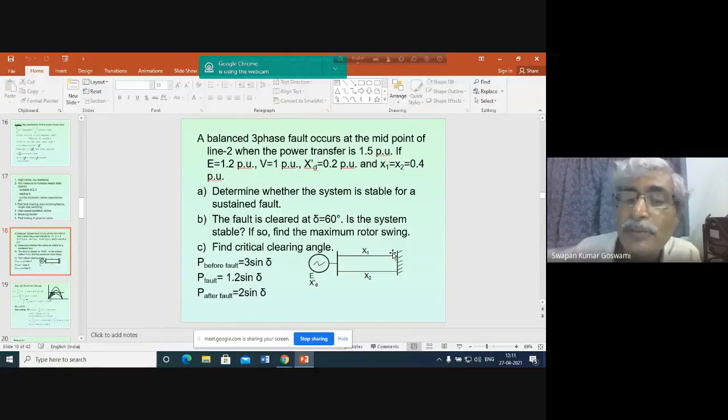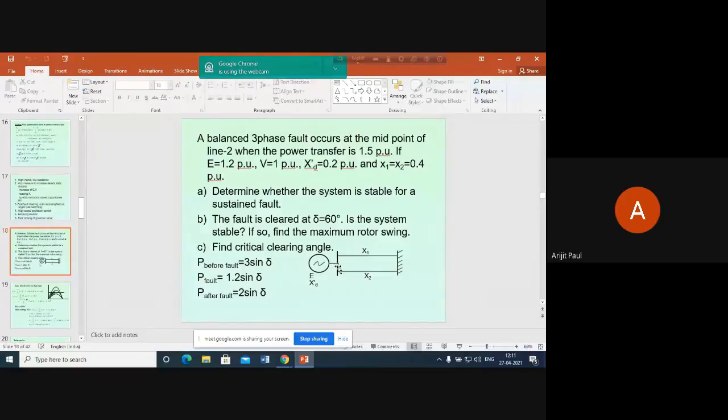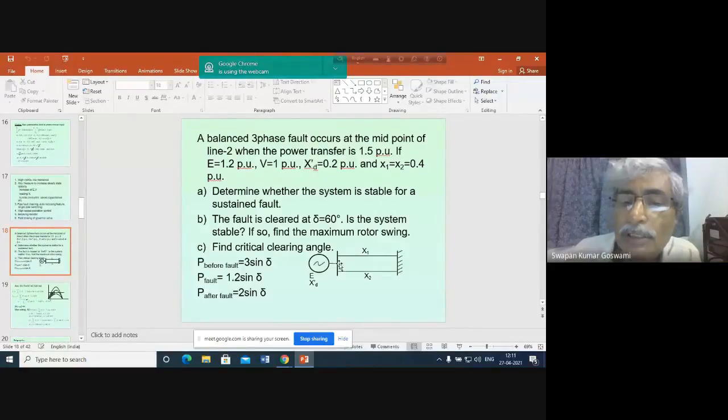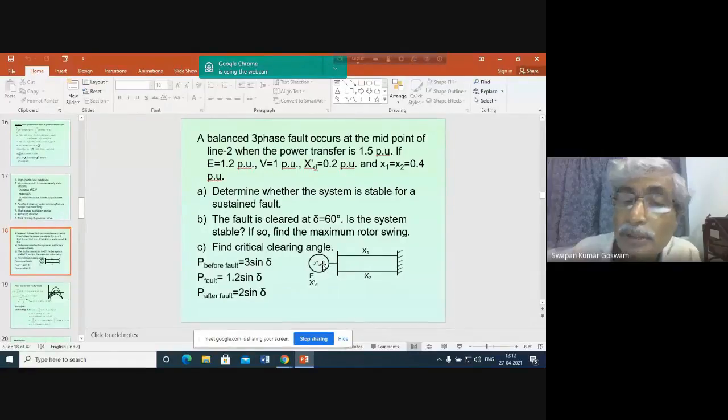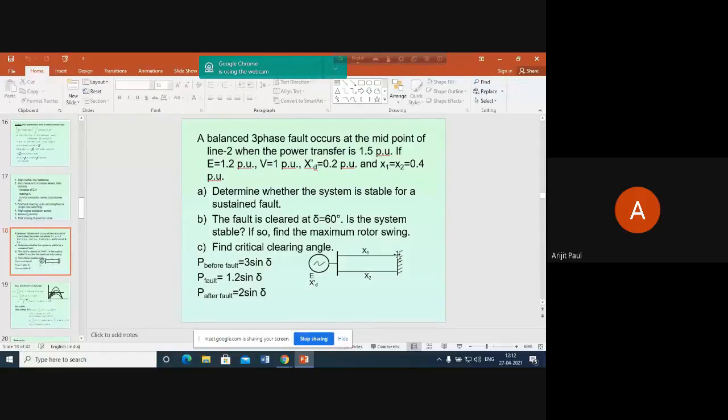Here it is 0.4. And from here to ground, what is the reactance? 50% of this line, it is 0.2. So you have a star connection with 0.2 here, from this point to ground and from here to this point. If this star is converted into delta, then from the terminal of this induced EMF to the infinite bus, you will have one reactance.